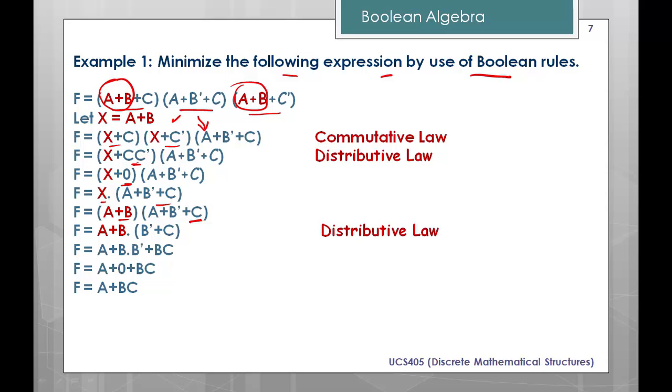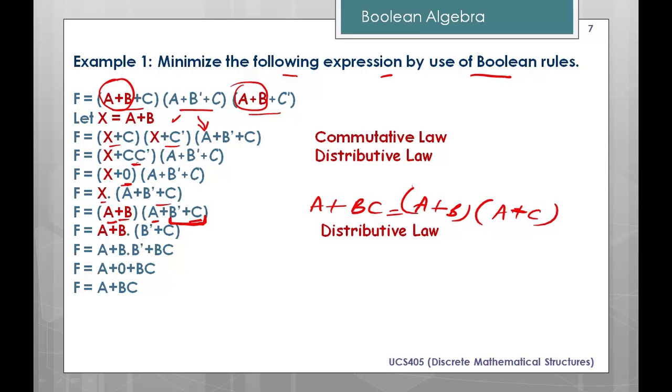Now apply the distributive law. Distributive law, that is a plus bc is a plus b into a plus c. Now we have two terms here, that is a, and here is also a. Assume this term as common.